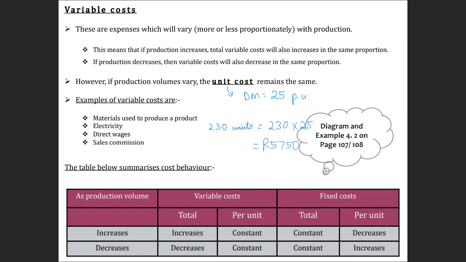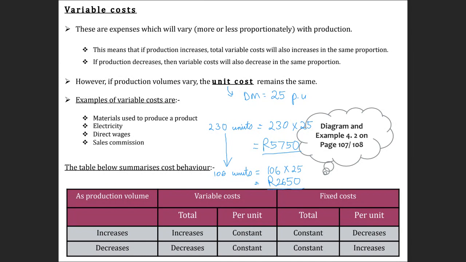As opposed to if we're producing 106 units, it would now just be 106 units multiplied by 25 Rand a unit, and that would be 2,650.